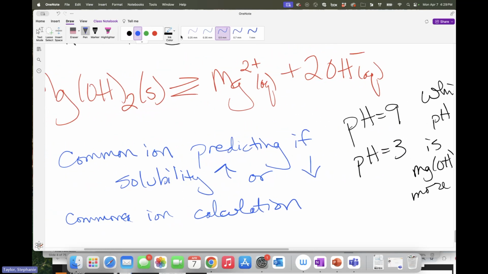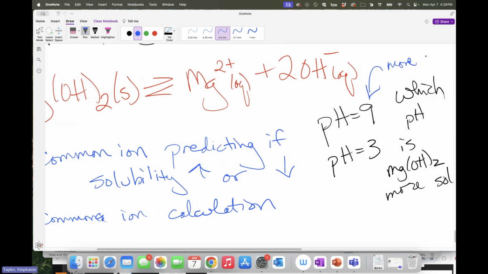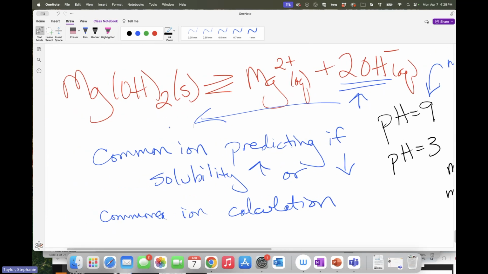The basic one, the pH of 9, gives more hydroxide, more OH. I already have hydroxide here. So if I increase the amount of that hydroxide, that's going to shift back towards my solid, my magnesium hydroxide. And I essentially am then going to have less of my products made.